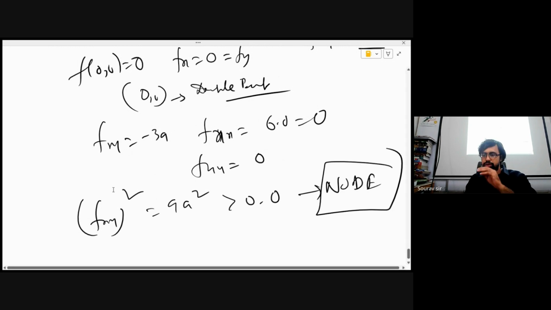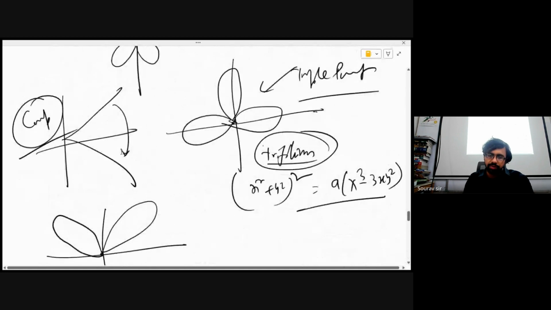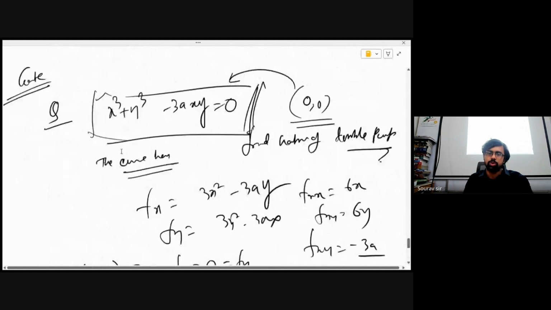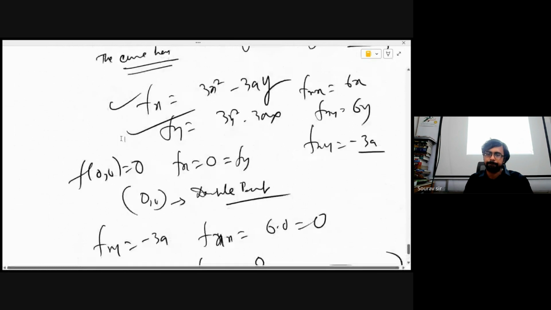node. देखिए ग्रेटर देन में मैंने नोड ही बोला था. And even if they don't give you 0 0 point also, तो फर्स्ट ऑर्डर को 0 करने से जो वैल्यू आता है, that is also your answer. So what is fx? Fx is this 3x square minus 3ay, this equal to 0, and this is 3y square minus 3ax equal to 0.